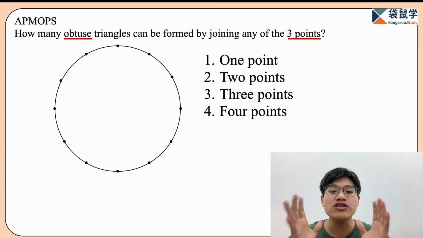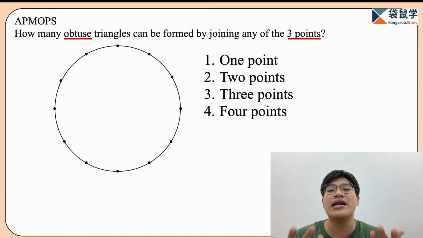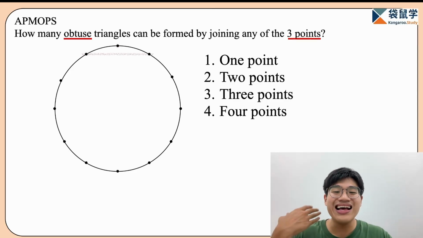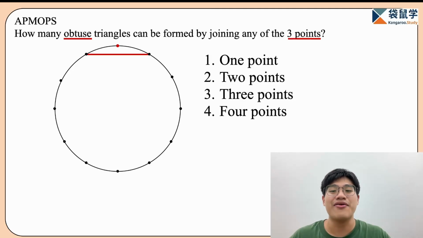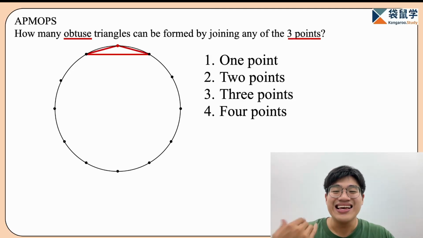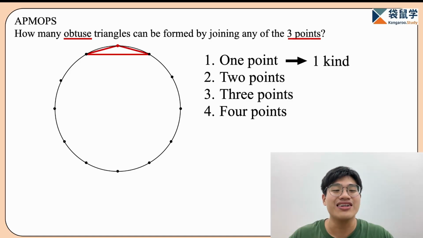Now, for each scenario, how many different kinds of obtuse triangles can I draw? Let's see the first scenario, the 1 point scenario. How many triangles can I draw? I can draw a triangle like this, and I have one kind of drawing of the triangle.